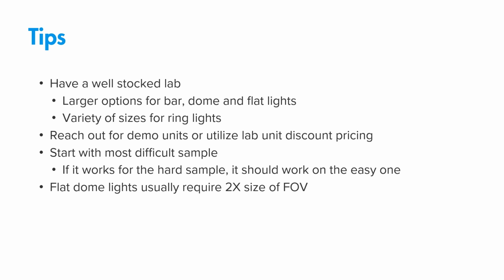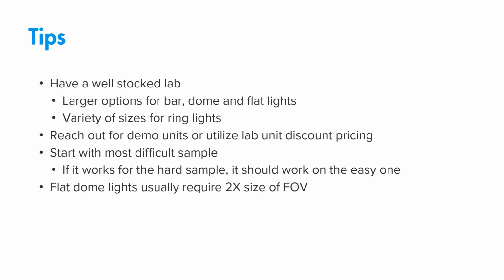short version, I recommend having larger options for lights that are bar lights, dome lights, and flat lights, including flat dome lights and backlights. Those you can typically make smaller if you have to. You can test to see if you can get away with a 100 millimeter by just covering up the light, even though it's 400 millimeters long. But for ring lights, it's a little trickier to trick the size.